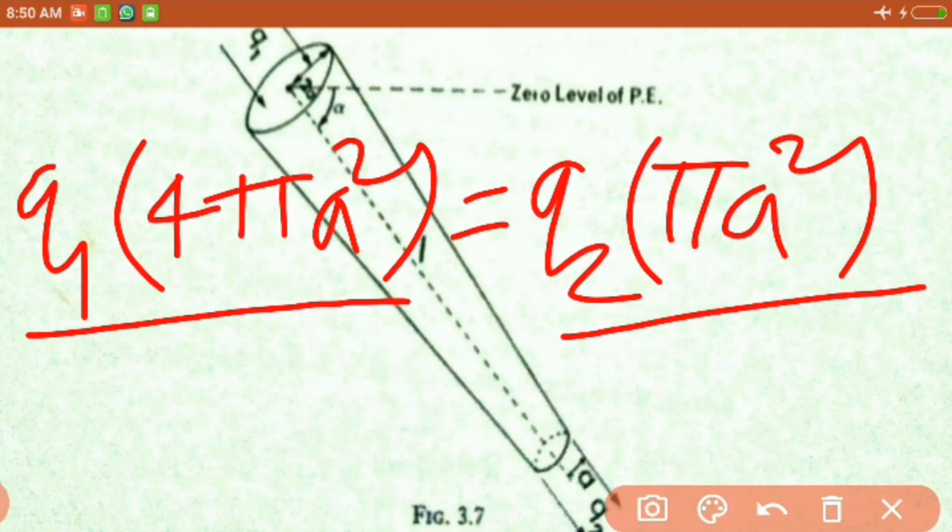From equation first and second, what do we get?